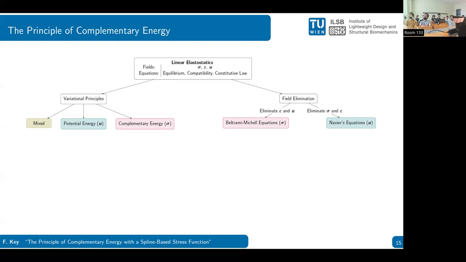So express everything in terms of stresses, and then end up with the so-called Beltrami-Michell equations. Or what is commonly done, you eliminate the stresses through the constitutive law in terms of the strains, and then the strains through the derivatives of displacement, and you get the Navier equation for the displacement.